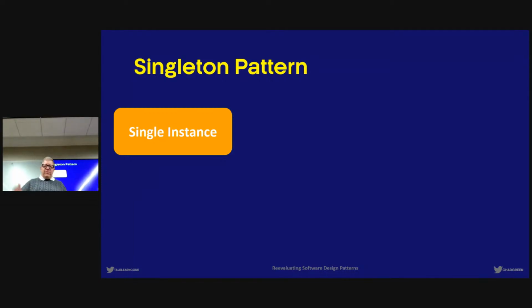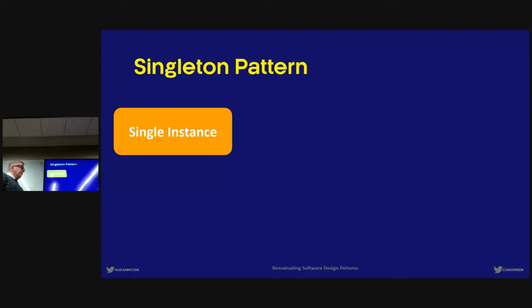So what are we talking about with the singleton pattern? Again, I already mentioned, the whole idea is you have a single instance, and only ever one instance within a running application. A good example of using a singleton pattern is games. Your player should only ever have one instance of that player, because otherwise you've got a problem.